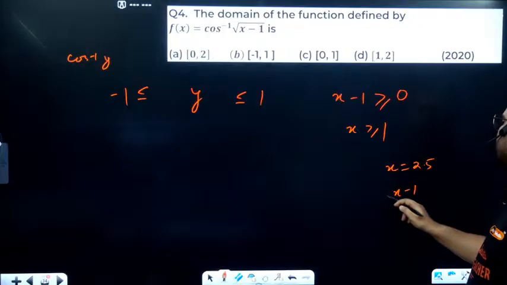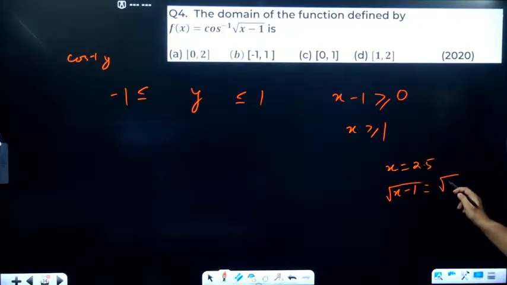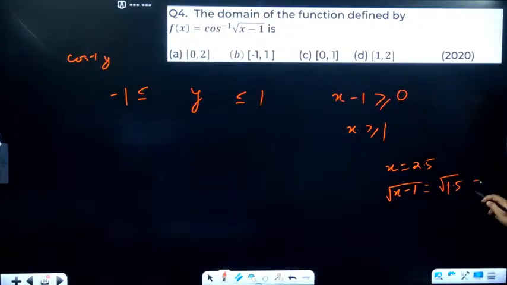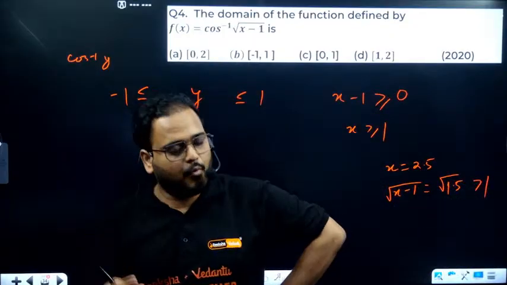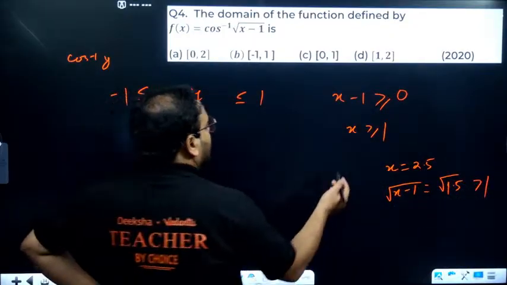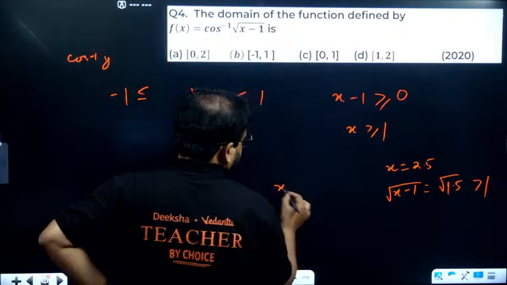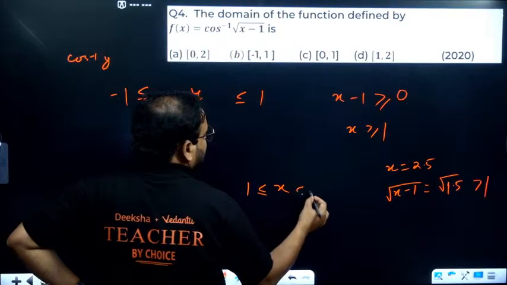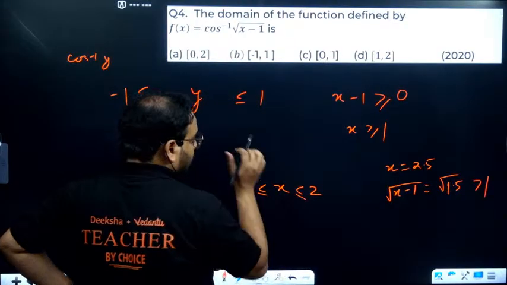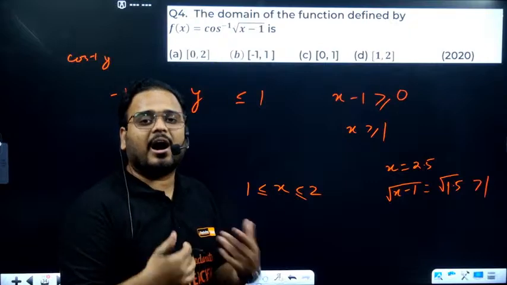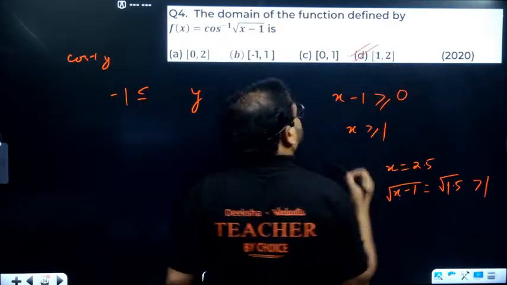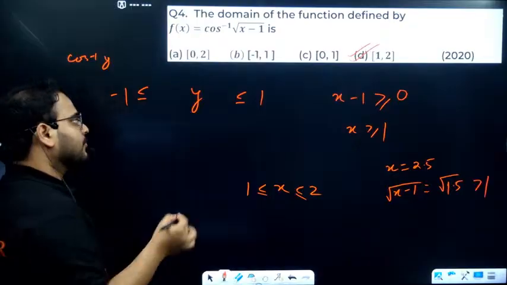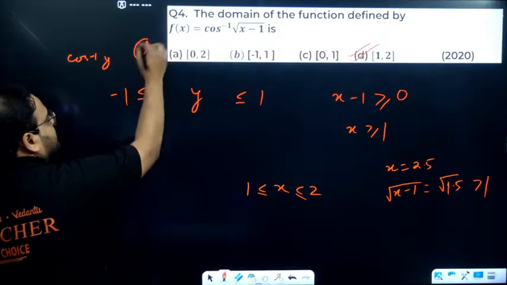Root of x minus 1 will become root of 1.5, which is more than 1, because root of 1 is 1. Simply, I can take x more than 1, but always less than or equal to 2. I cannot go after 2. So my answer is 1 to 2, both inclusive.